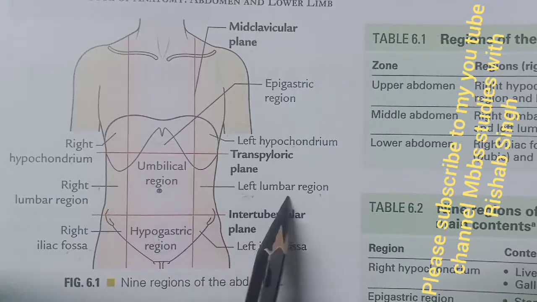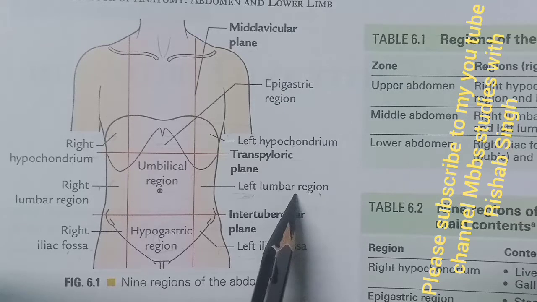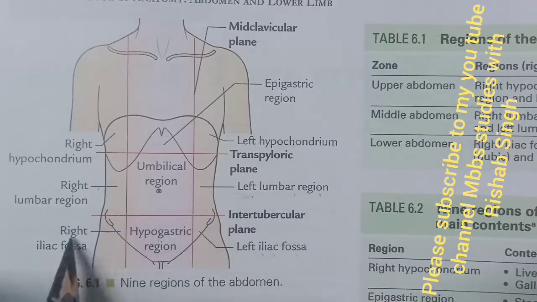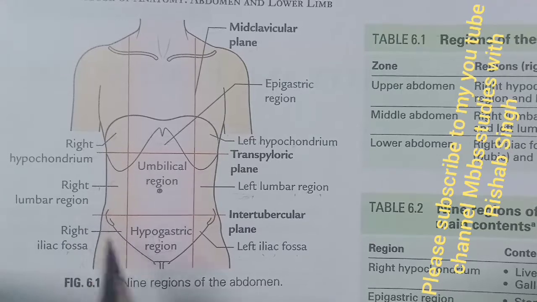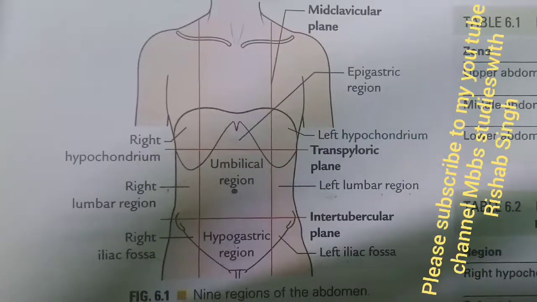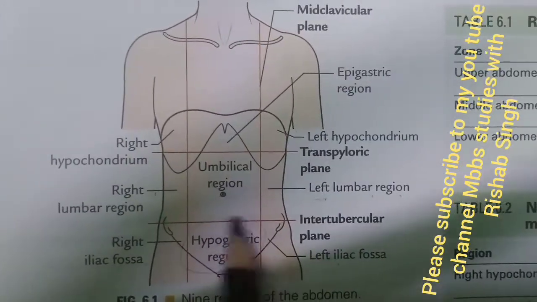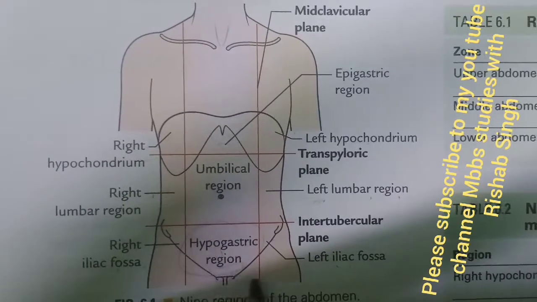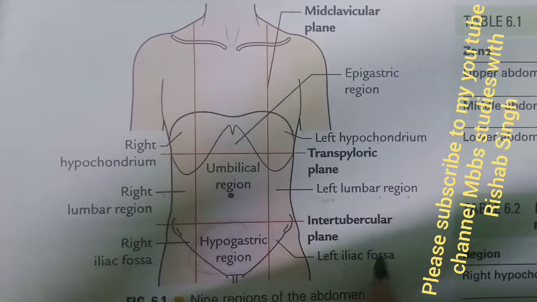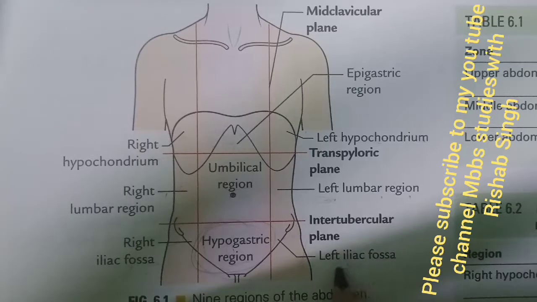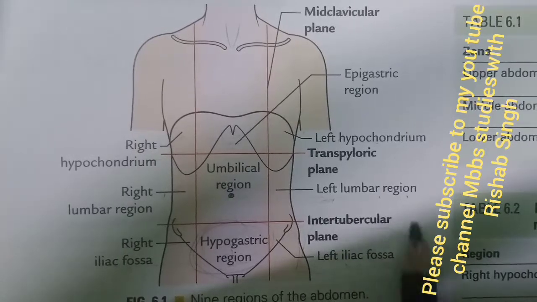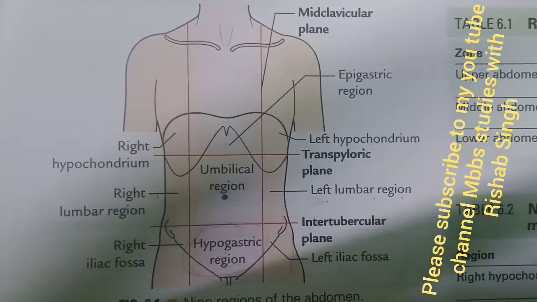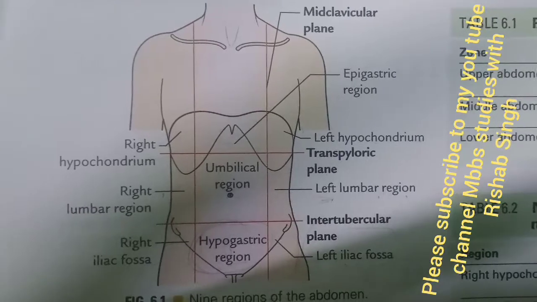Pain in the left lumbar region is concerned with the left kidney. Pain in the right iliac fossa region is concerned with the appendix. Pain in the hypogastric region is related to the uterus and the urinary bladder, and pain in the left iliac fossa is related to the sigmoid colon. So these are the clinical correlations with the 9 regions of the abdomen.